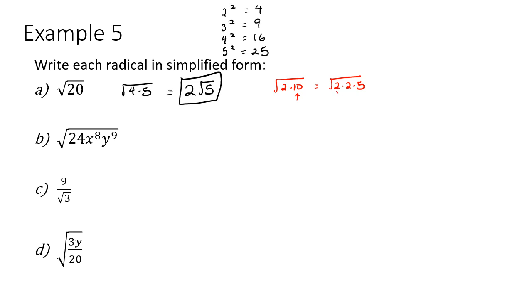And so once you've got a number down to its prime decomposition, you're just looking for, in this case, because it's a square root, pairs of numbers, perfect squares. Because 2 times 2 is 2 squared. And so you can take that square root, which would get you to 2 square roots of 5.